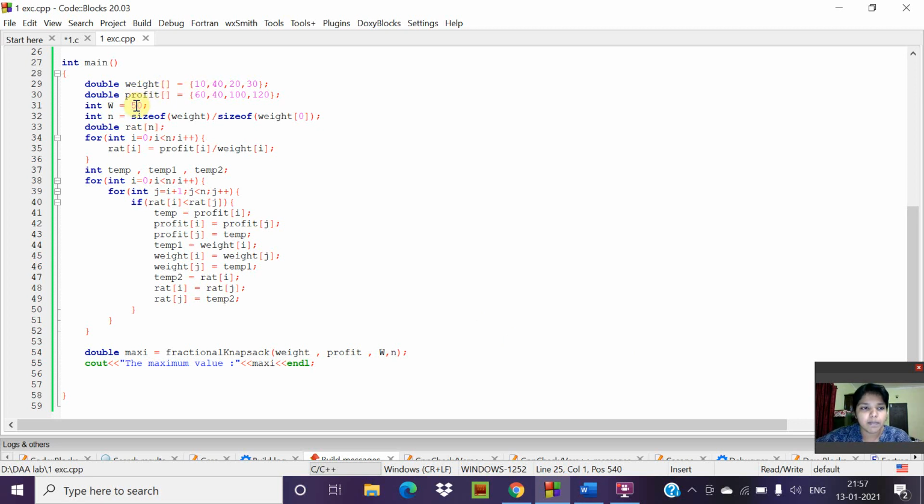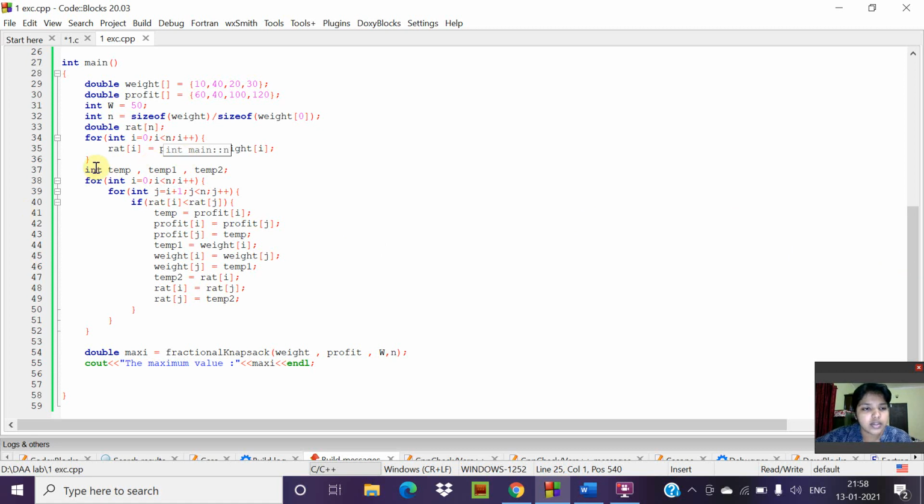We are also giving the capacity, that is W equal to 50, and we are calculating N, which is sizeof weight divided by sizeof weight of 0, and we are initializing a double array rat of N. This is for the ratio, and this for loop is to get the values of the ratio array elements, from 0 to n, like i less than n, i plus plus, so it goes till n.